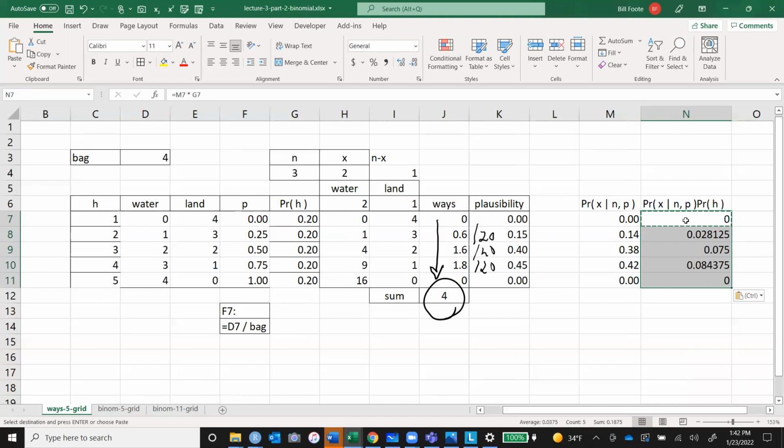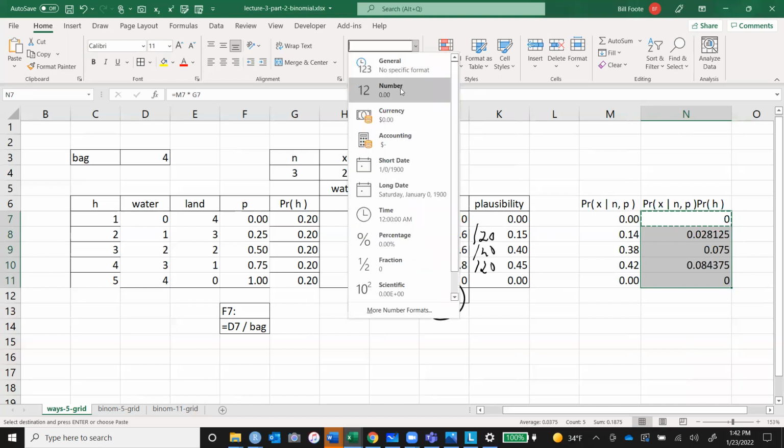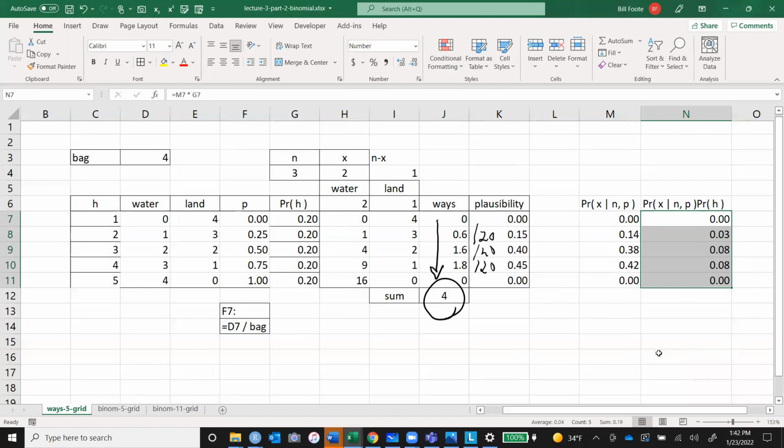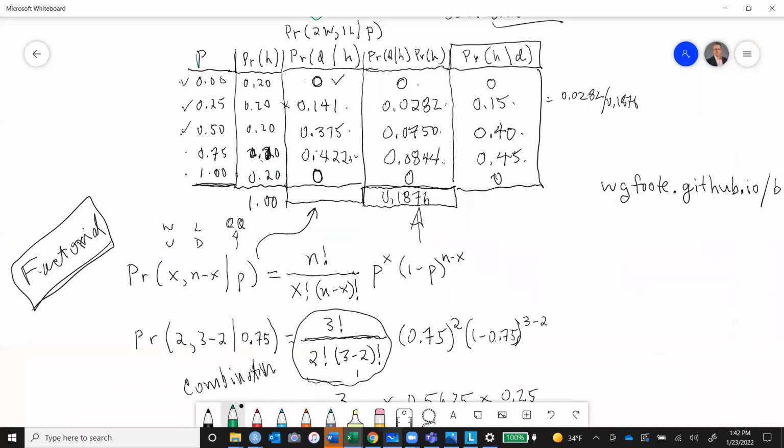Copy that down, format it. There we go. Might want to expand it a little so that it looks a little bit like what we had again. There we go. We're in the Bronx, home of drag racing. 0.0282, 0.075, 0.0844.